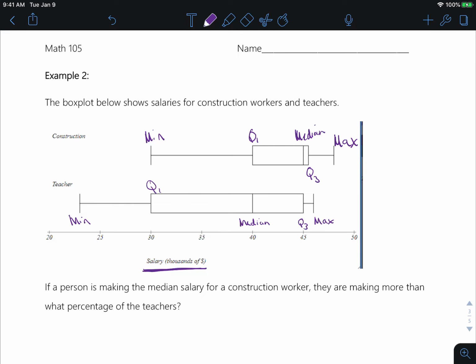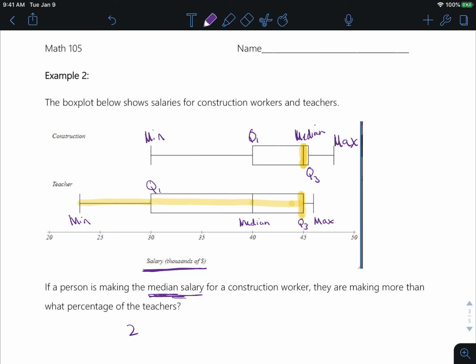Now this says if a person is making the median, so let's highlight where that is. That's here, for a construction worker. They are making more than what percentage of teachers? So here is where teachers lines up with that. Well, we have 25% of the data lays there, 25% lays there, and then another 25% is there.